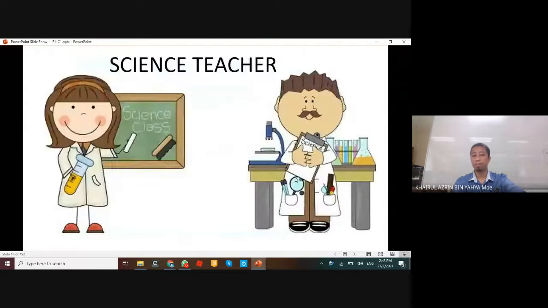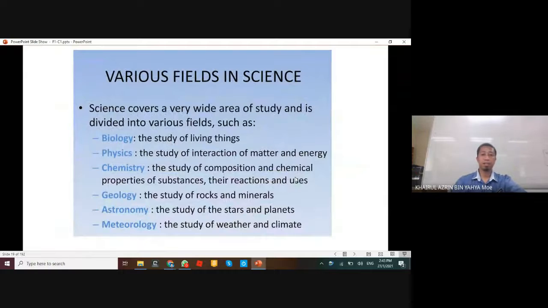Science covers a very wide area of study and is divided into various fields such as biology, the study of living things; physics, the study of interaction of matter and energy; chemistry, the study of composition and chemical properties of substances, their reactions and use; geology, the study of rocks and minerals; astronomy, the study of the stars and planets; and meteorology, the study of weather and climate.